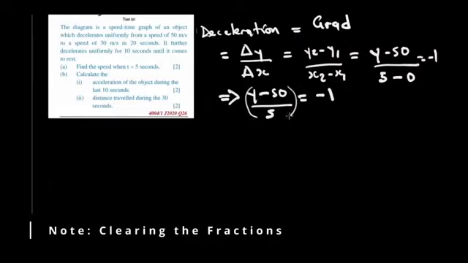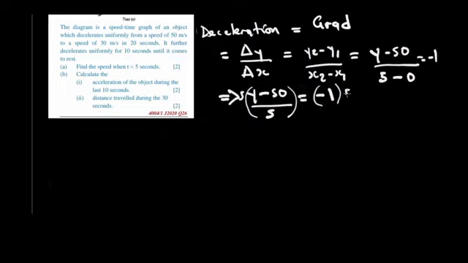So we multiply this side with 5 and do the same here. So 5 cancels out 5. We remain with y minus 50 is equal to minus 1 times 5, it's minus 5. So y is equal to minus 5 plus 50, plus, because minus 50 crossed over the equal sign and it changes its sign.